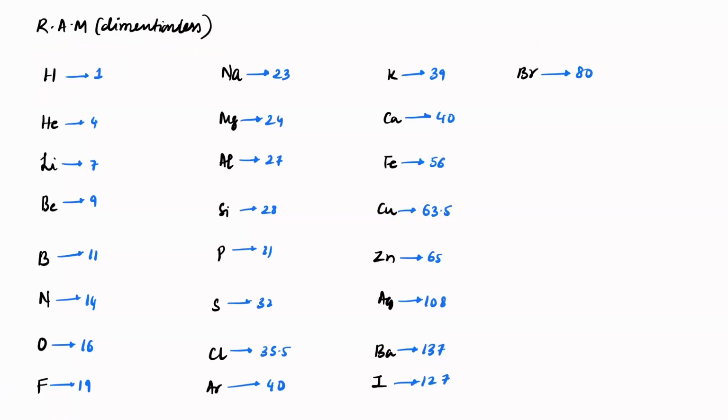To be precise, this is not exactly 1. It is supposed to be 1.008. And here also this is 4.00. This is 7.001, like that.